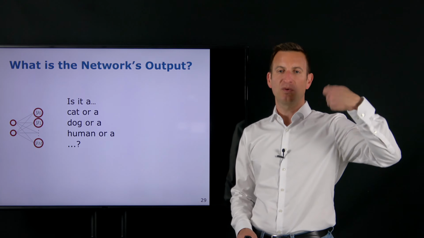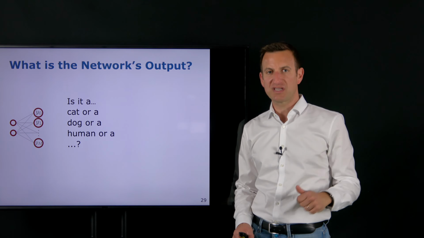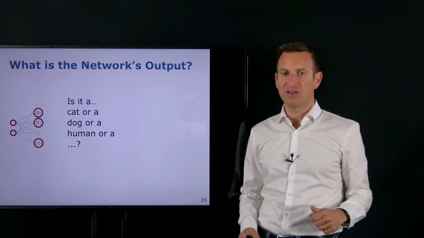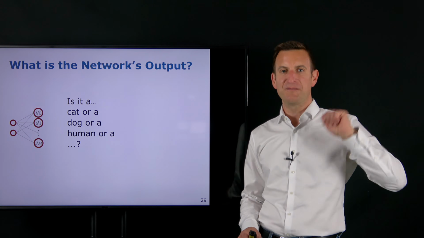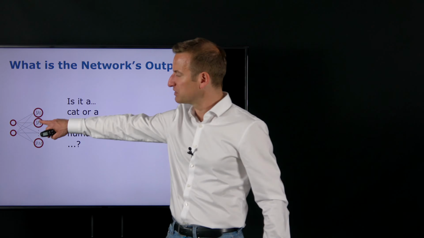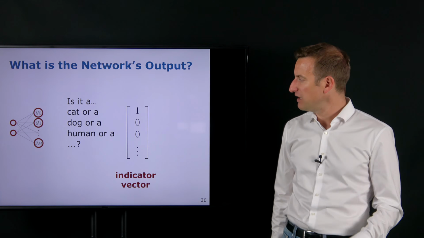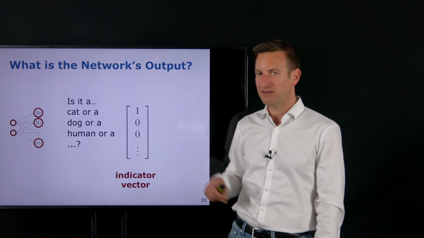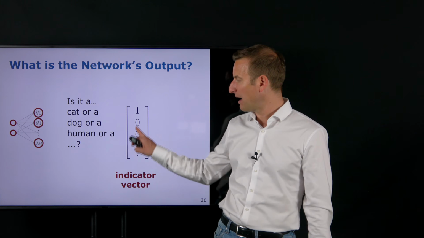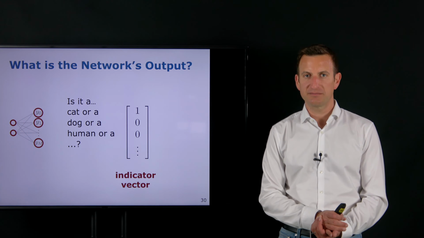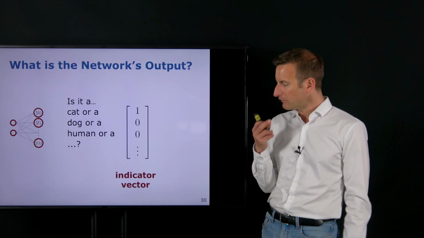So you can basically switch on a switch saying, hey, that's a dog, that's a human, that's a cat. We can see these outputs as switches, so that we can see the output as an indicator vector where it says, okay, here cat is switched on and all other classes are switched off. Okay? So that's the output.